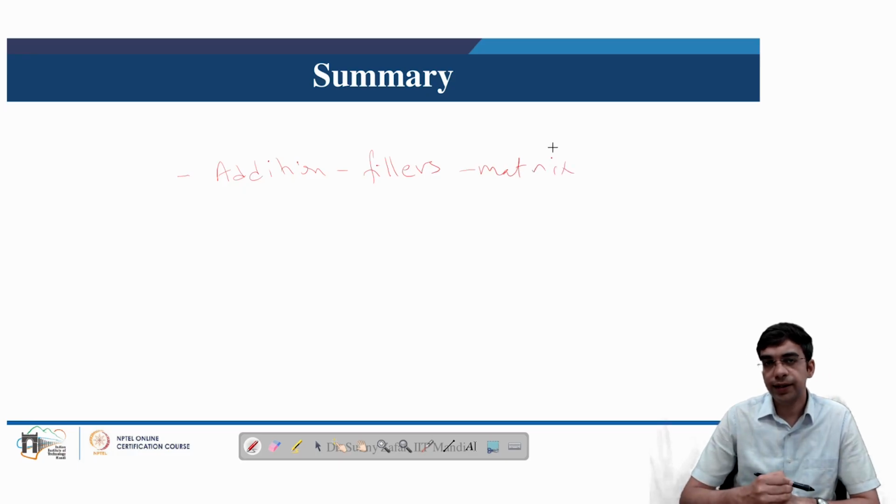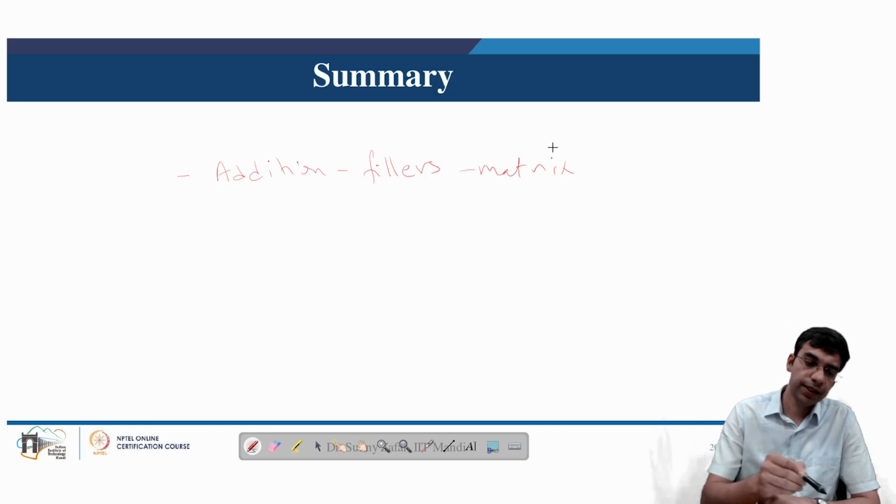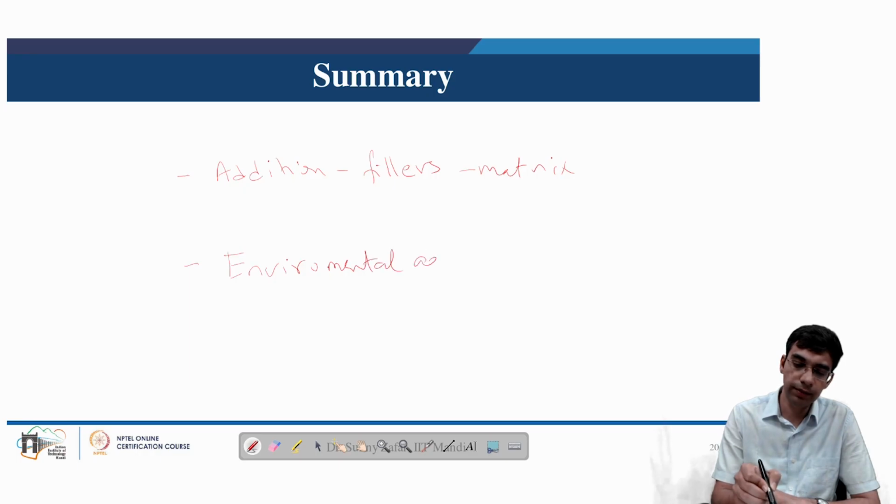This includes fire retardants, viscosity control agents, and agents that are sometimes added to enhance color, which include pigments and dyes. Then we have also looked at how various environmental agents affect the various properties of the matrices.